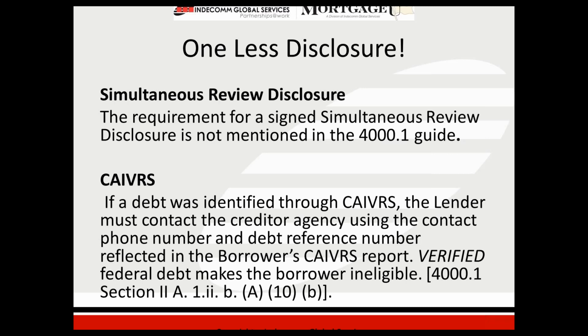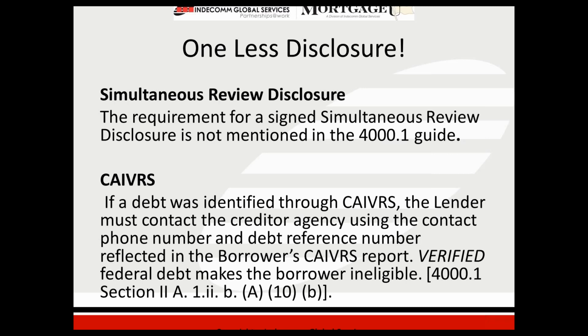There's also a section under CAIVRS that talks about delinquent federal non-tax debt. So let me go through the details for you on that. Lenders are prohibited from processing an application for an FHA-insured mortgage if a borrower has delinquent federal non-tax debt, including deficiencies and other debt associated with past FHA-insured mortgages.